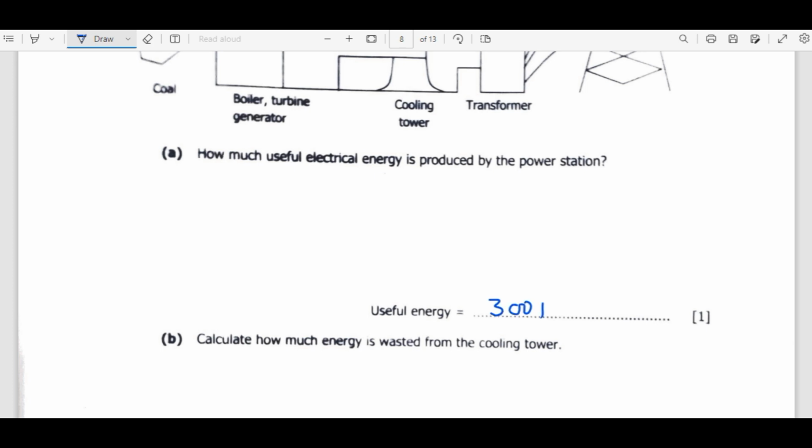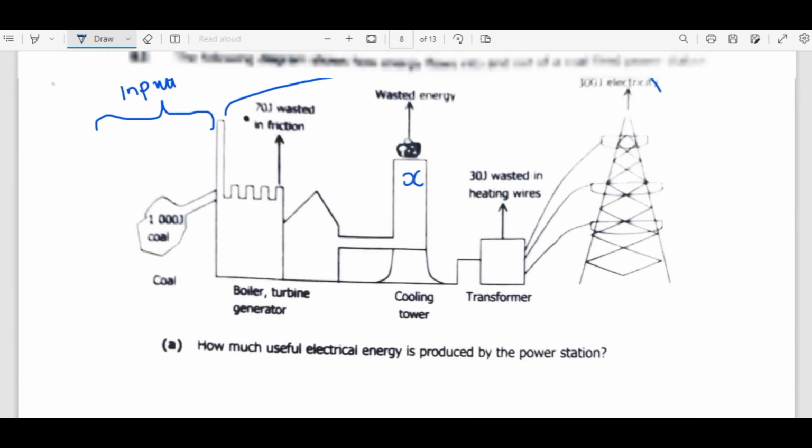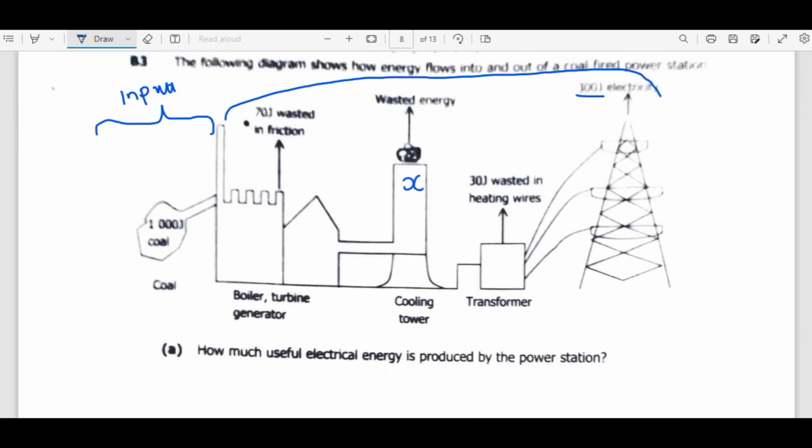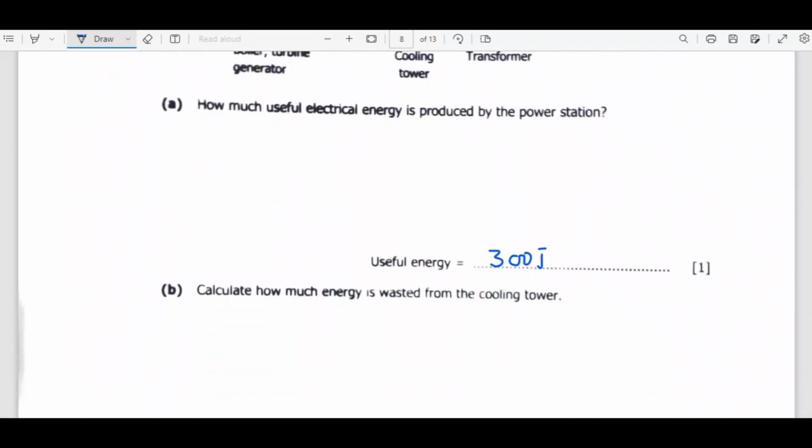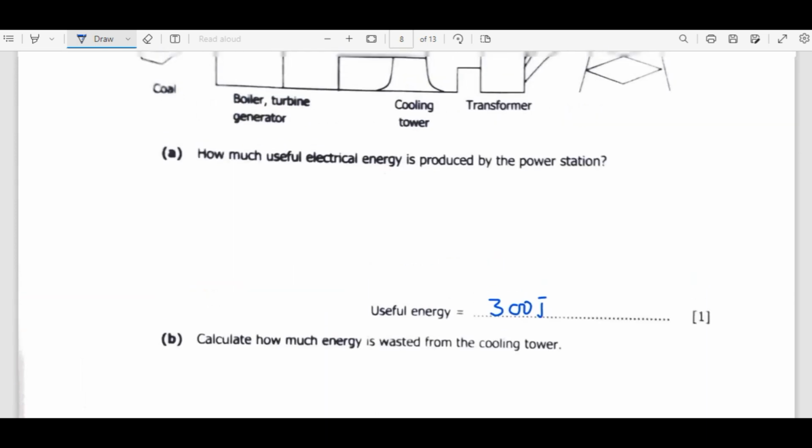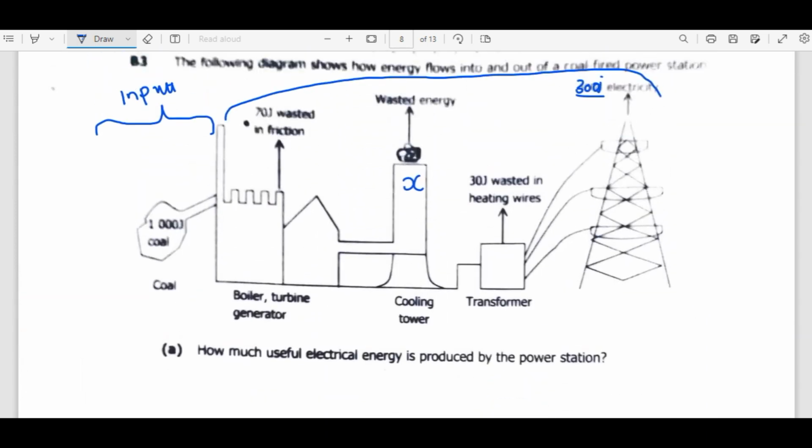So this is a 300 here. So this was the amount of energy produced as electrical energy. Then we move on to question B. Calculate how much energy is wasted from the cooling tower. So the cooling tower is this tower here, where I'll put X.